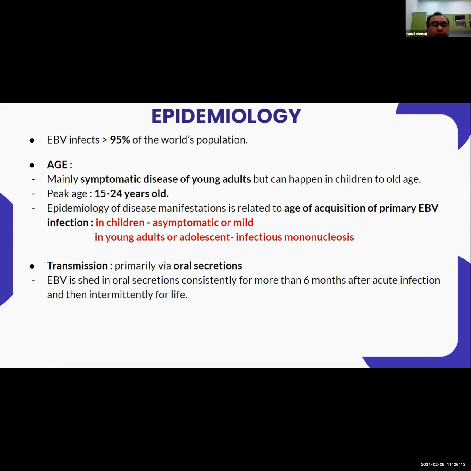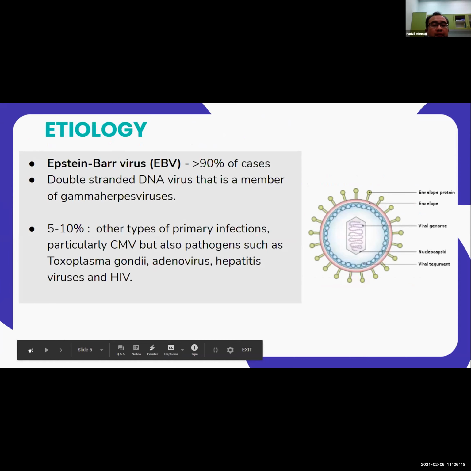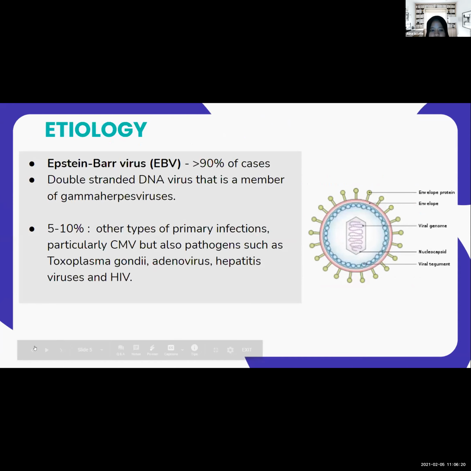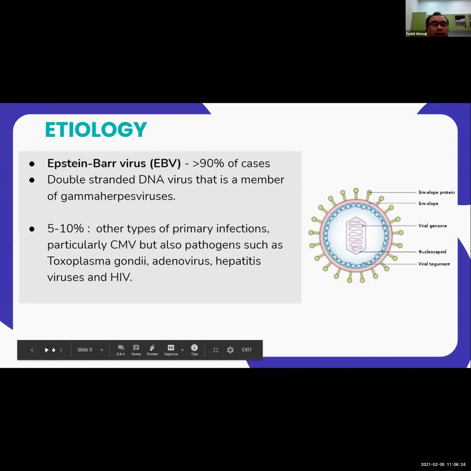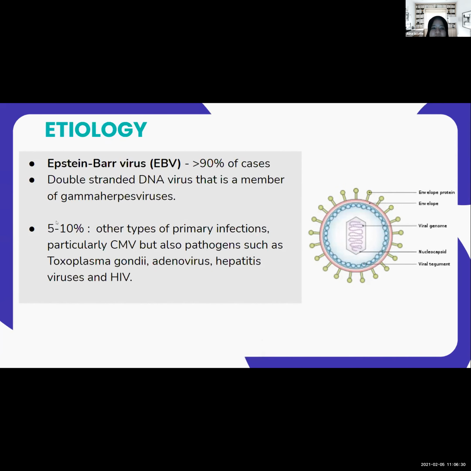Go back, please. This one? What is the last one, 5 to 10% what? Which means that 5 to 10% of the infectious mononucleosis-like illnesses have a similar presentation, but are not infectious mononucleosis. They are differential diagnoses.